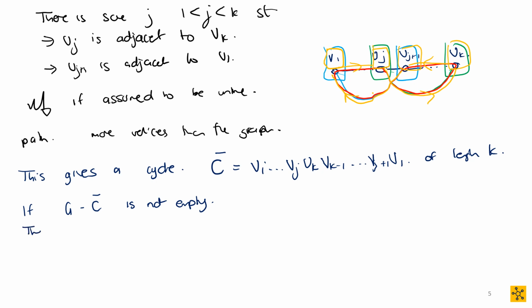Then there must be some vertex V, which is an element of G minus the cycle, that is adjacent to some vertex Vj.